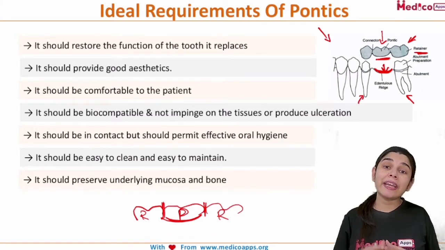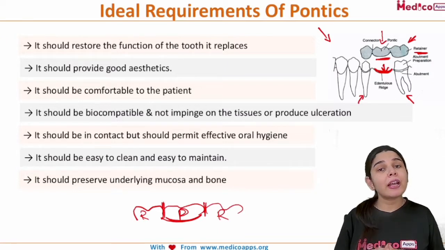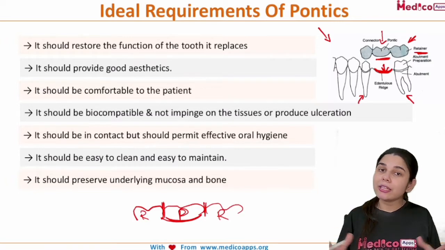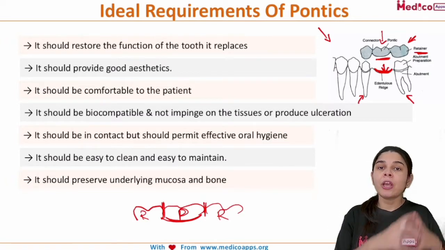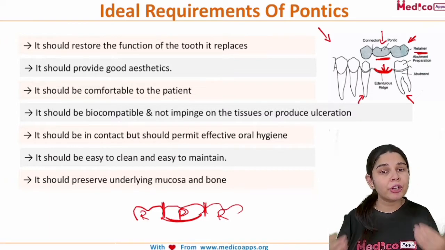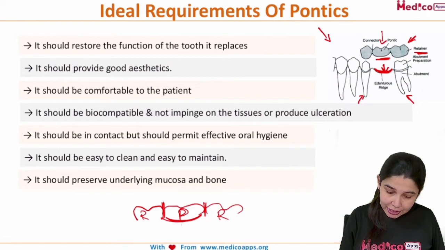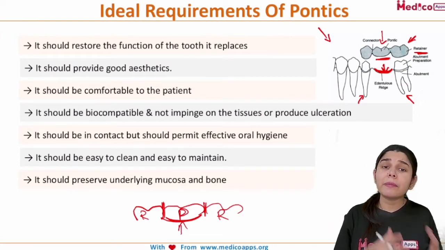Along with that, there are certain ideal requirements which a Pontic should fulfill when we are giving a prosthesis in the patient's oral cavity. Let's see what those ideal requirements are. Firstly, as I have already told you, the Pontic should fill the missing area.